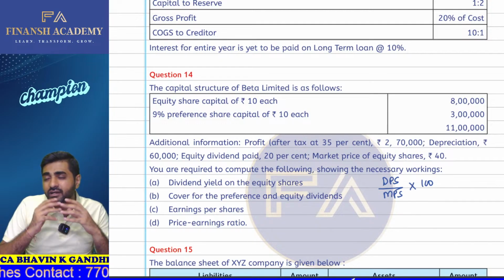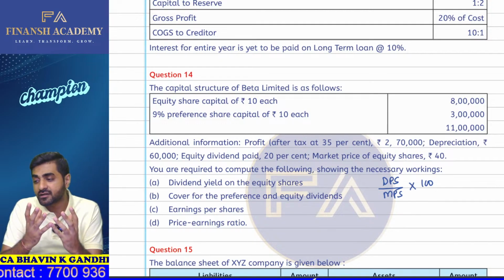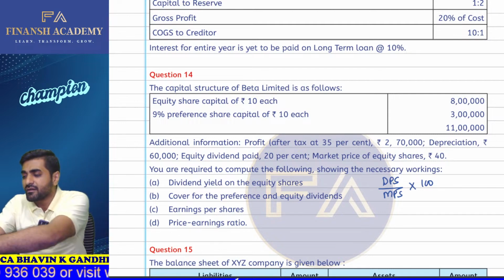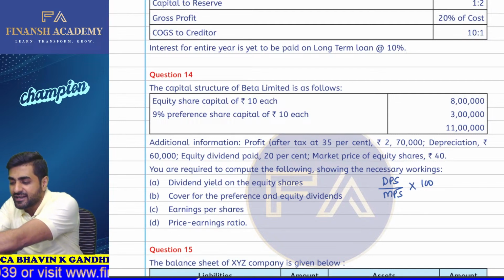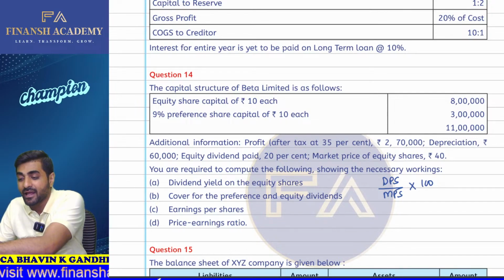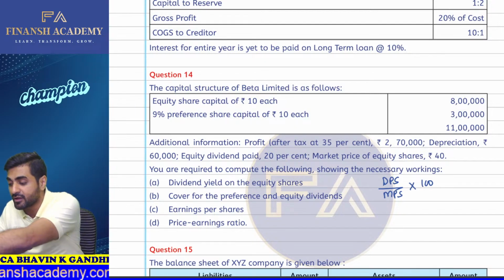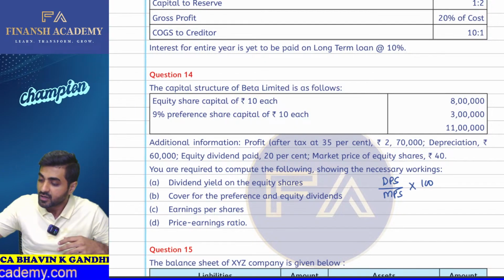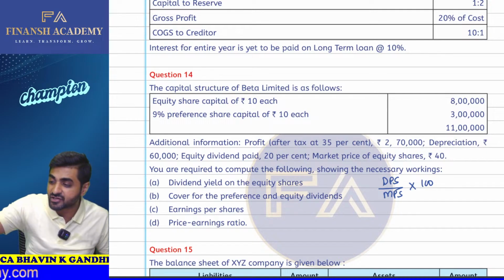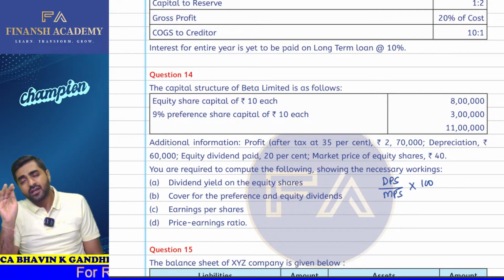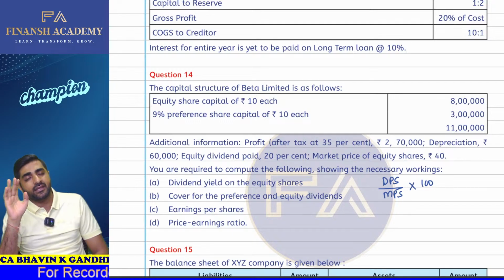So whatever your yield or returns are can be calculated by simply taking your DPS and dividing that by market price per share. That is going to give you your final figure. So always remember, my dear students, whenever we are required to calculate dividend yield, we take DPS and divide that by MPS.